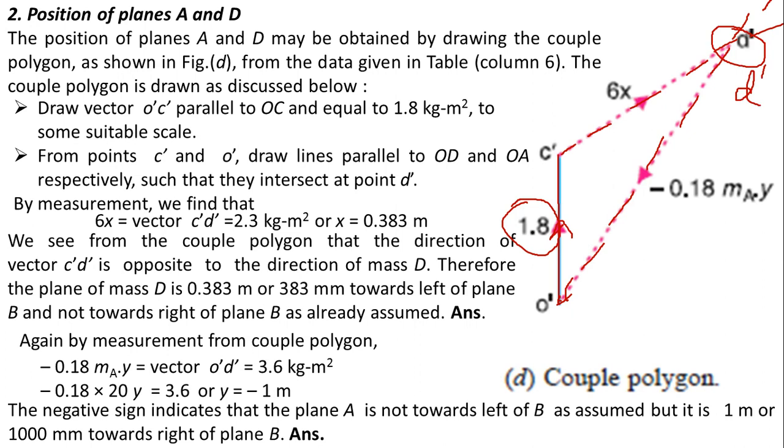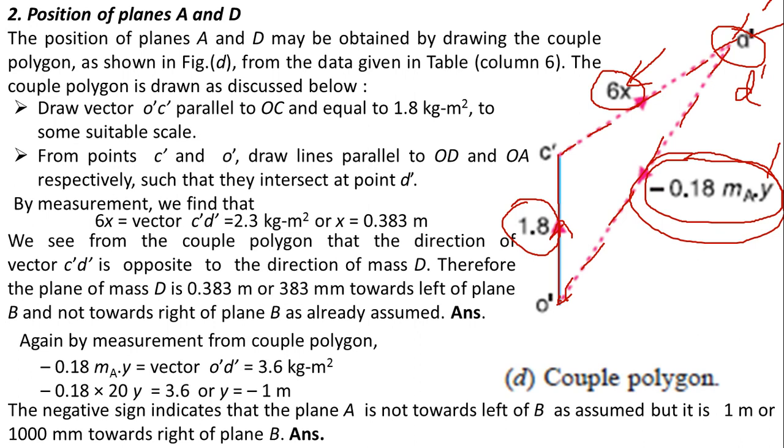O dash to D dash will be the unknown thing, that is minus 0.18 into MA into Y, and C dash to D dash will be the value of 6x. So if you measure this length C dash to D dash, it will be equal to 6x, and if you equate O dash to D dash to 0.18 MA into Y, you will get the value of Y by substituting the value of MA.